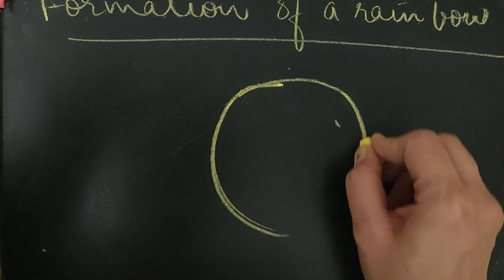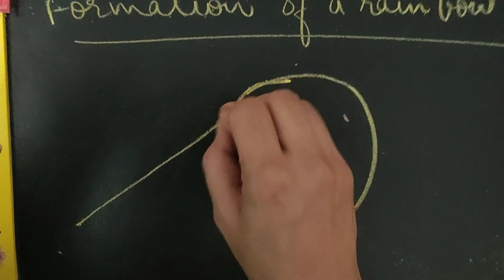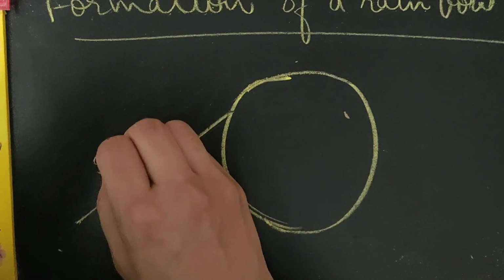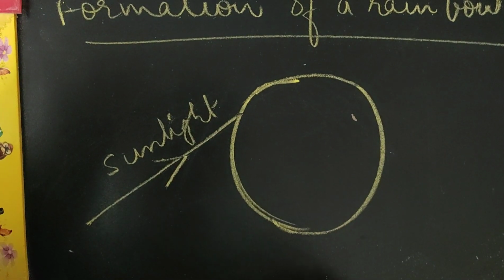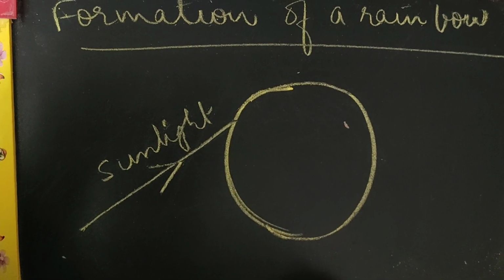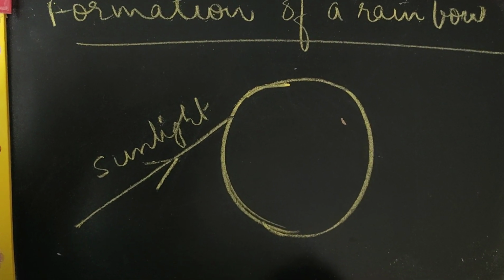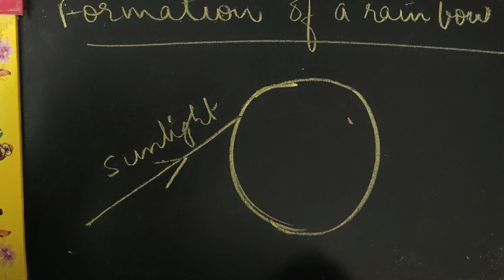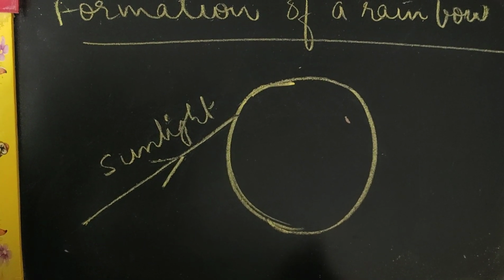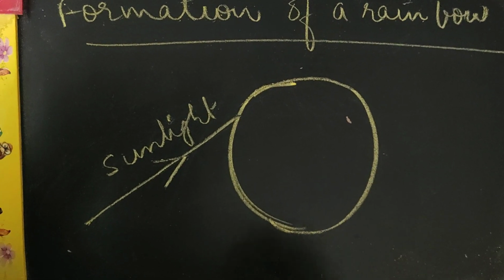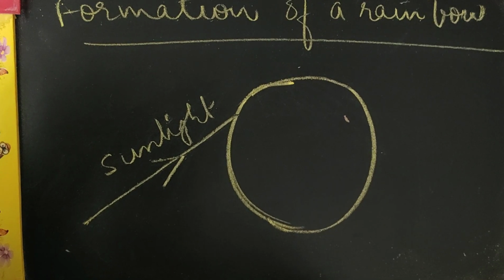Remember, for viewing a rainbow, 2 basic conditions are required. 1, there has to be suspended moisture in the atmosphere, and second, the sun has to be behind you. It's only then you see a rainbow in front. You won't see the rainbow in the direction of the sun. It would always be opposite to that of the sun.